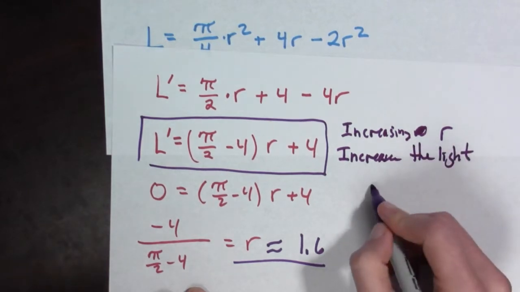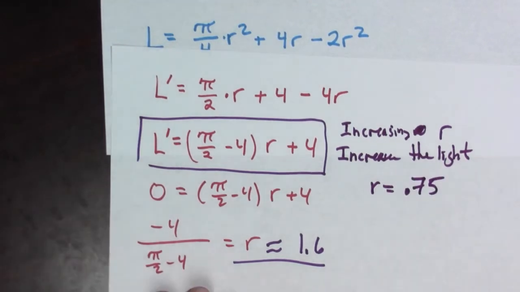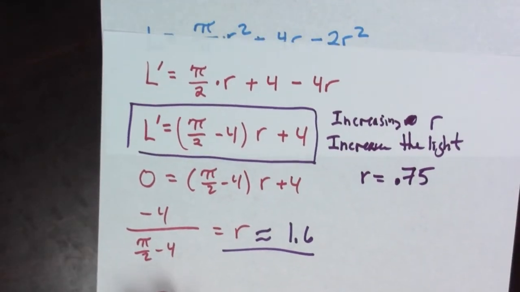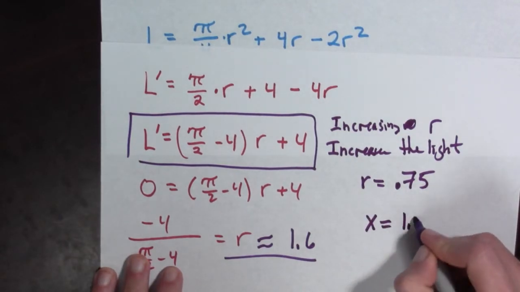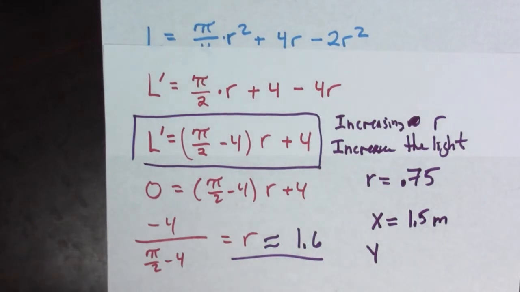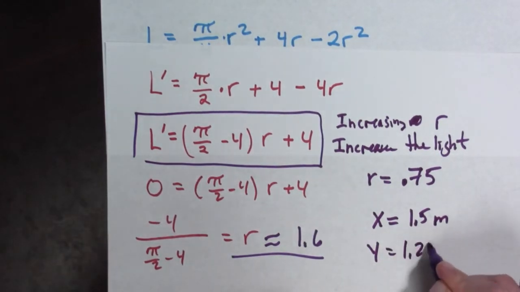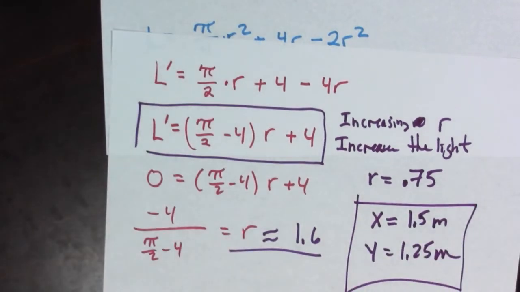And this will happen up until r is equal to 0.75, which is the maximum value for r. And so that tells you that x should equal 1.5 meters and y should be 1.25 meters. And that's our final answer.